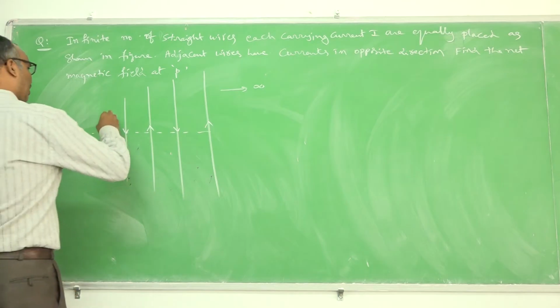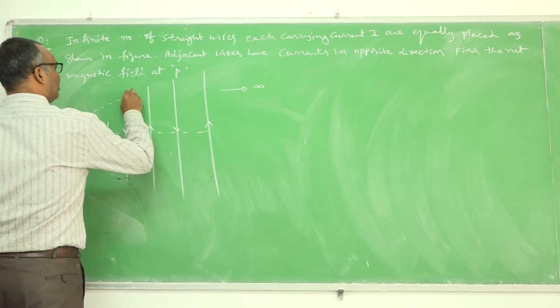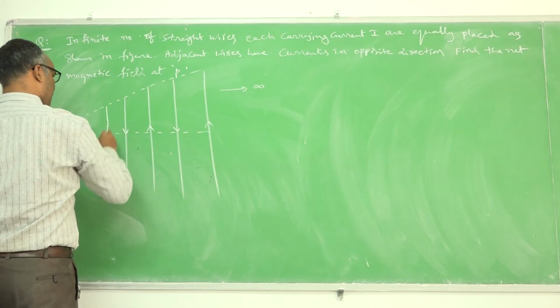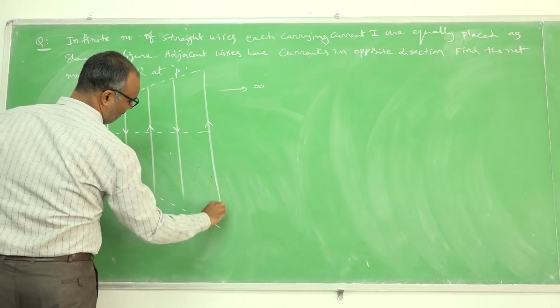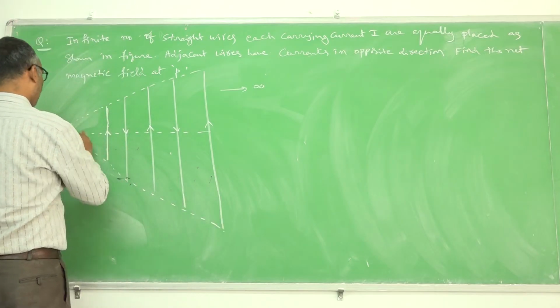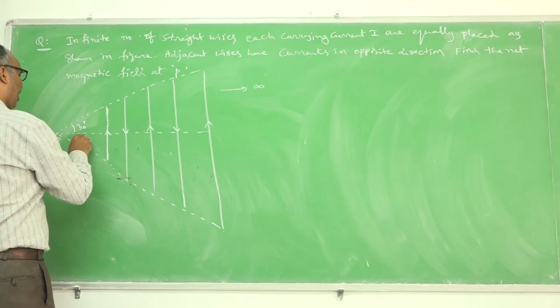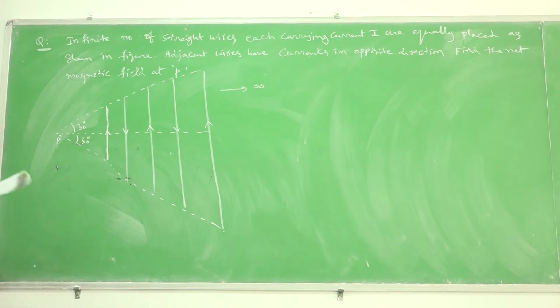If you observe clearly, all the wires make some common angle here, 30 degrees as per the diagram. We need to find the strength of the magnetic field B at P because of the infinite set of wires.